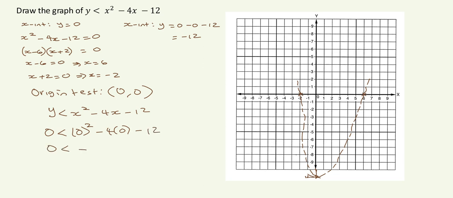So 0 less than minus 12. This is false. So any part of the graph where the origin sits will not be a region that satisfies the inequality. So this right here shows the region that satisfies the inequality. So that's what we do to graph inequalities.